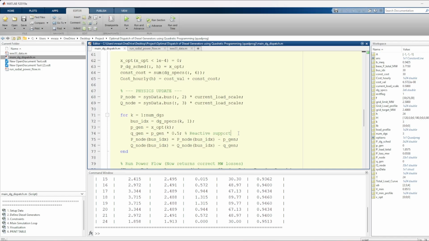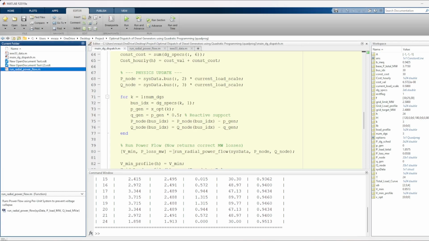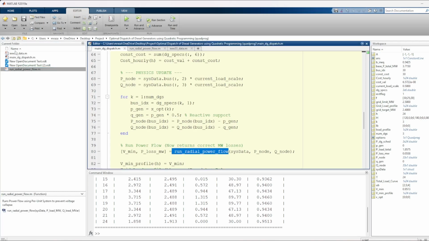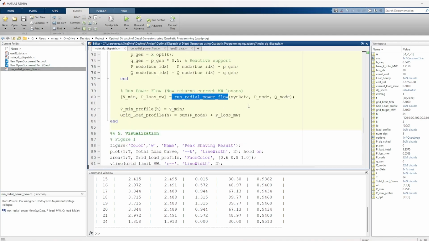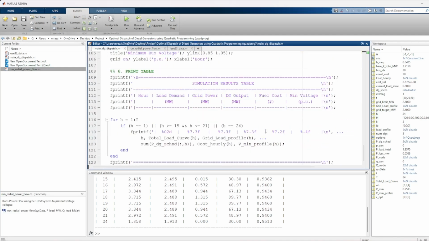So considering a power factor, this is the factor, we are injecting both real and reactive power into it, and then we run radial power flow by addressing this file, which calculates the load flow for all the data which we have provided above, and here are the results. So that's how it works.